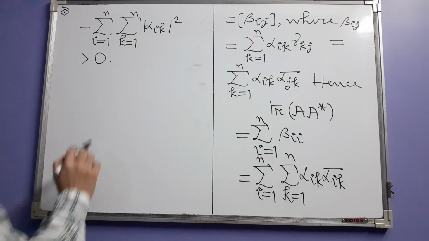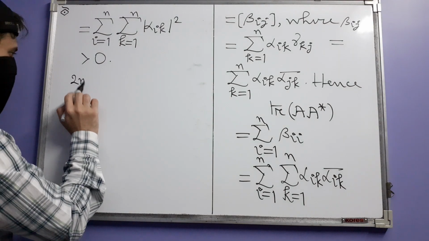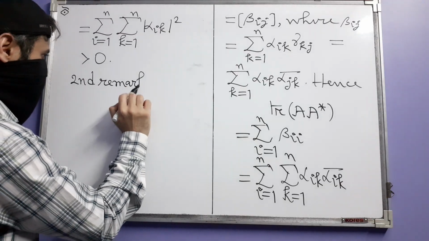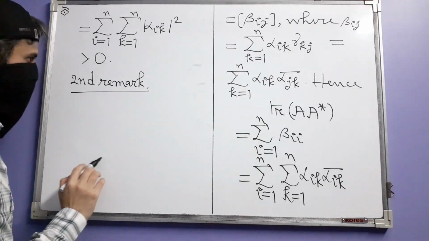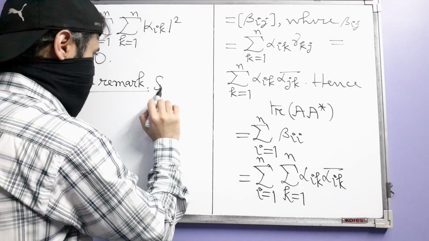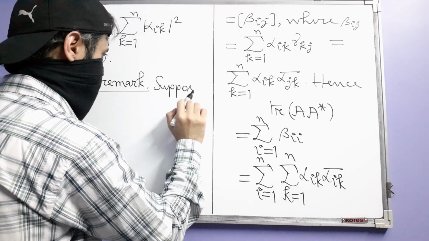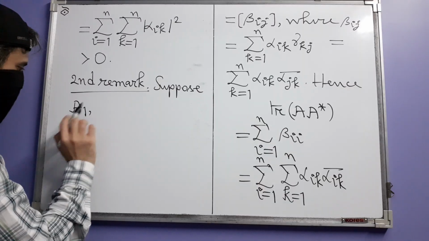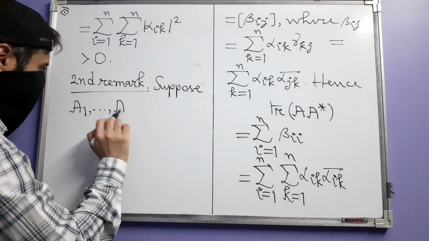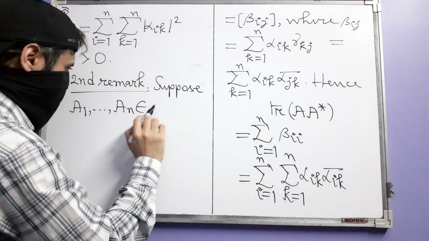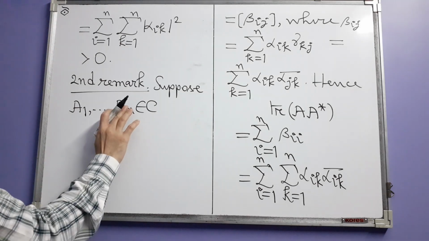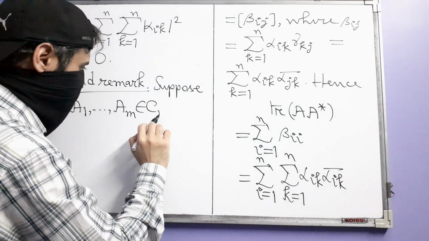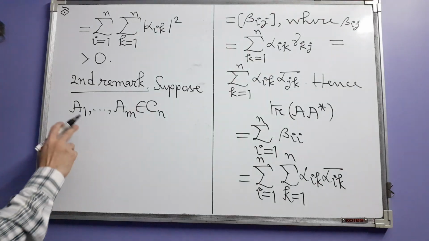Now, from this first remark, we have a second remark. Suppose a number of matrices are being considered. Oh, we cannot take this as n. Let me take m, because n is the size of the matrices.